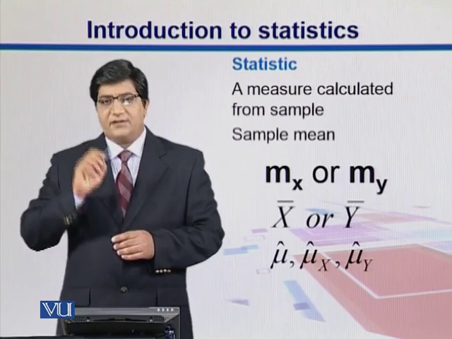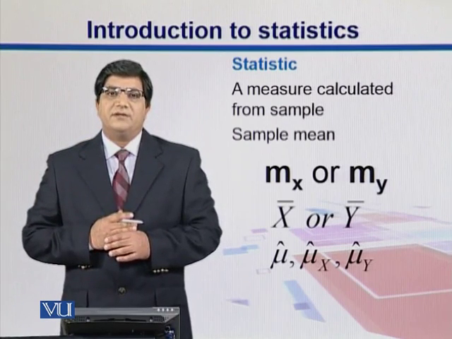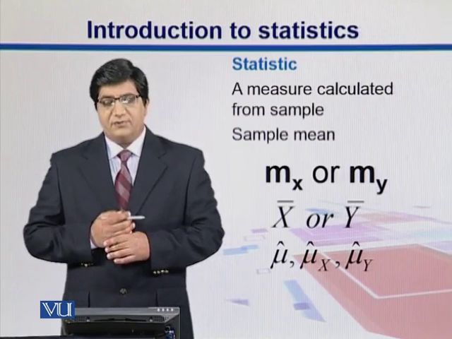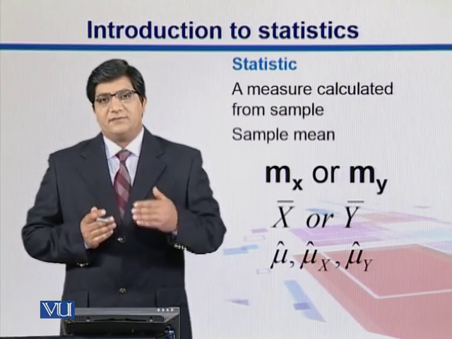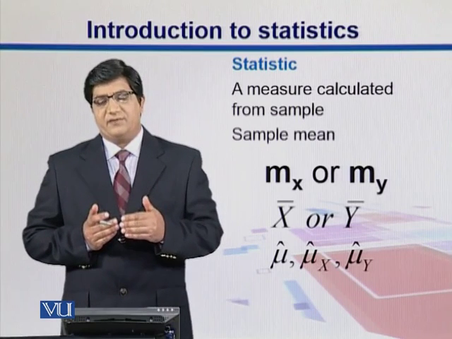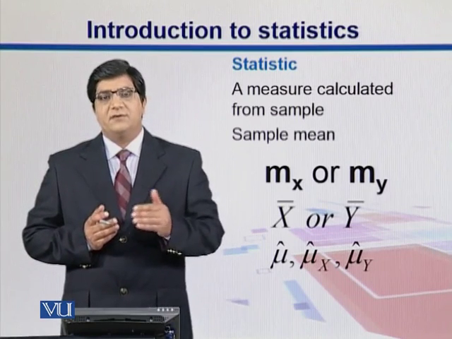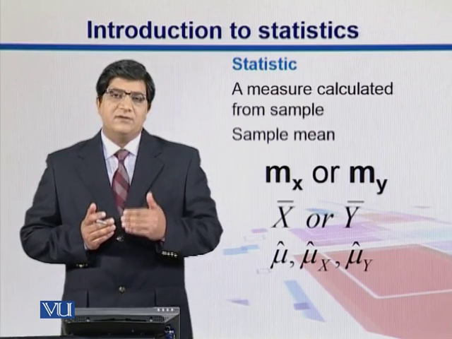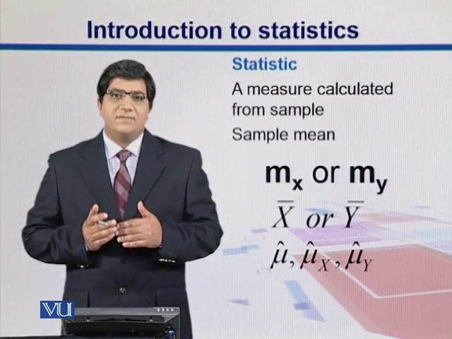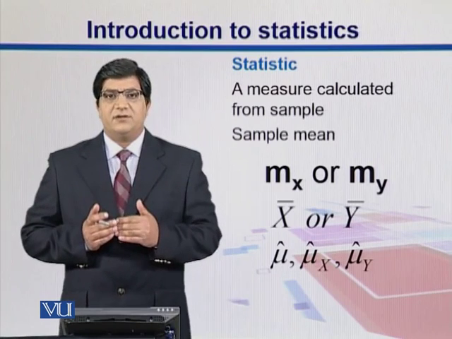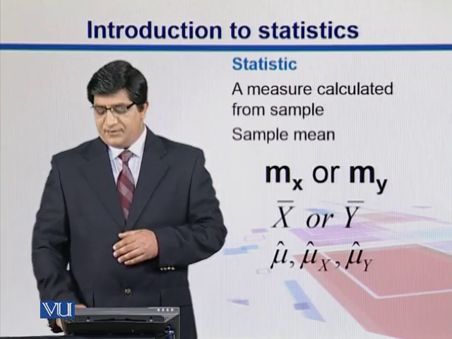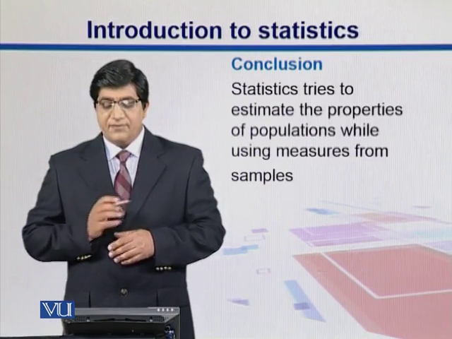In that case, the hat represents the sample mean. A hat is also used when we are talking about estimates. We are estimating the population mean from this sample, so this sample mean is an estimate. Sometimes estimates are also represented with these hat signs, so you might find literature like this.